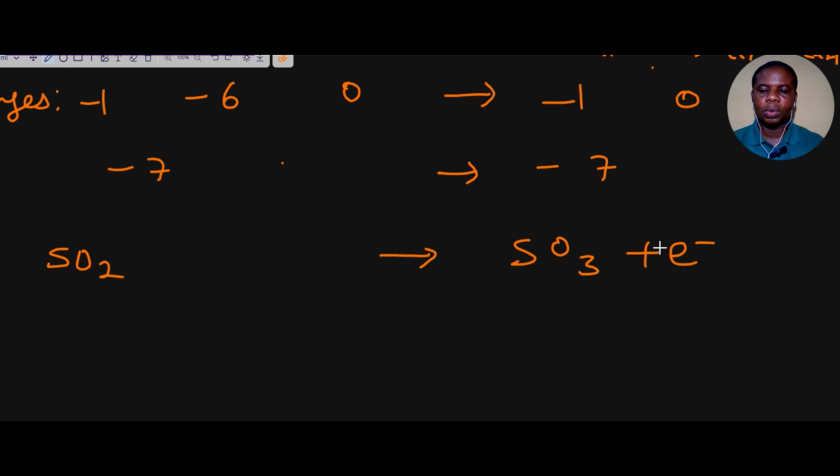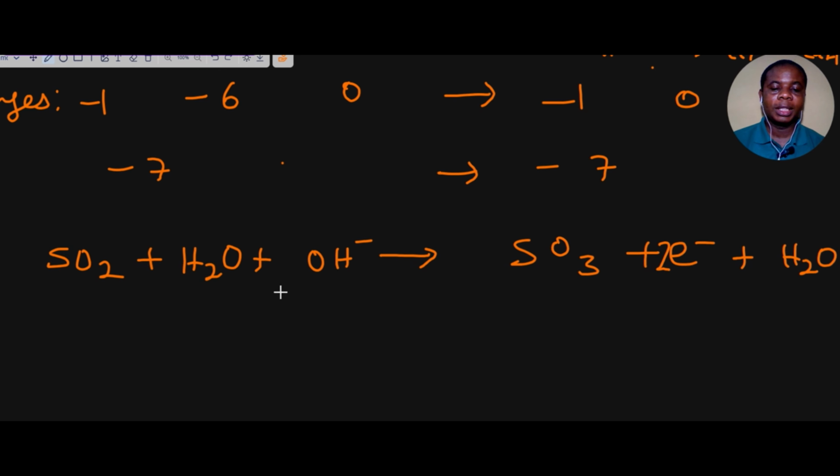How many electrons? 2 electrons. There is deficiency of oxygen here, so we are adding water. We are also adding hydroxide to this. Here there is enough oxygen, we are only adding water to this.